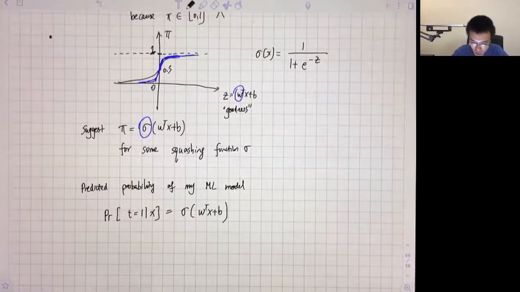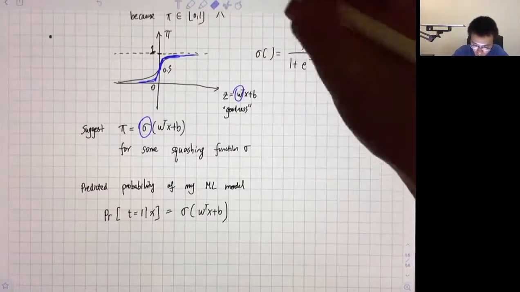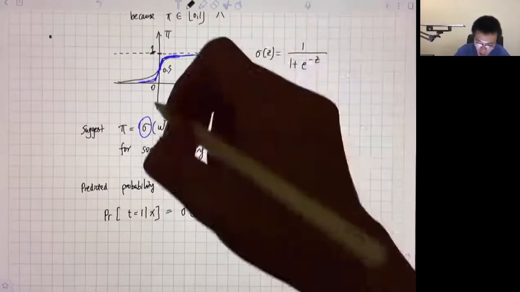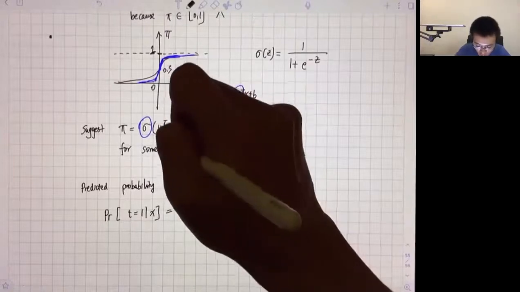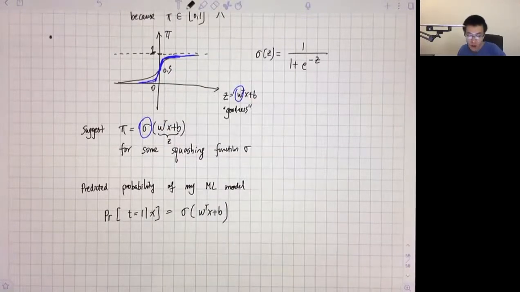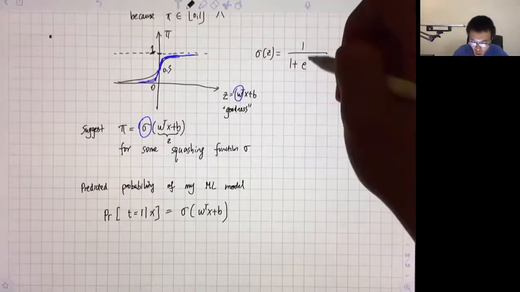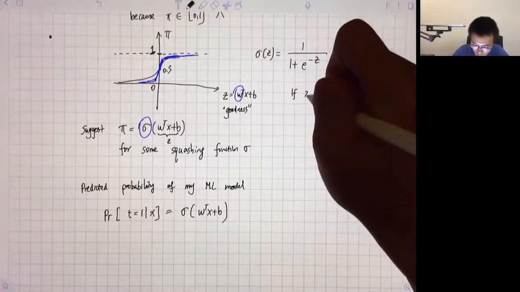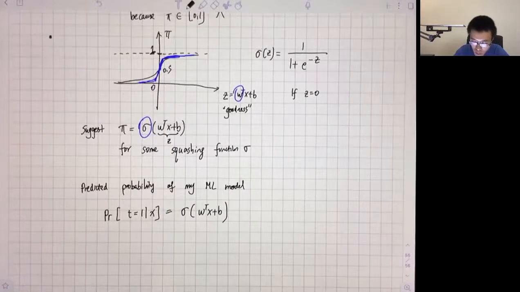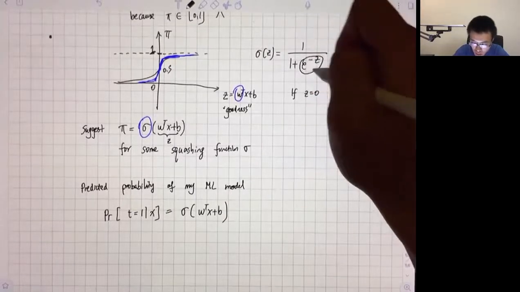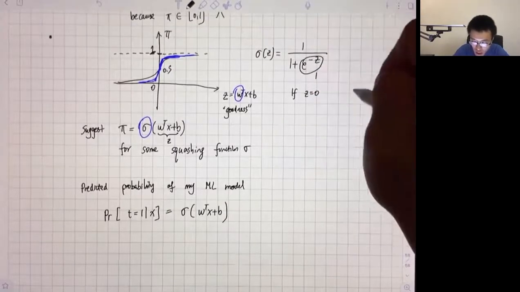Okay, sorry, this is Z. Z is the goodness. So this term is Z. I would like to squash the goodness by this function, and it plots exactly like this. And I can verify it. So if Z is 0, then this term gives me 1, then it's half.